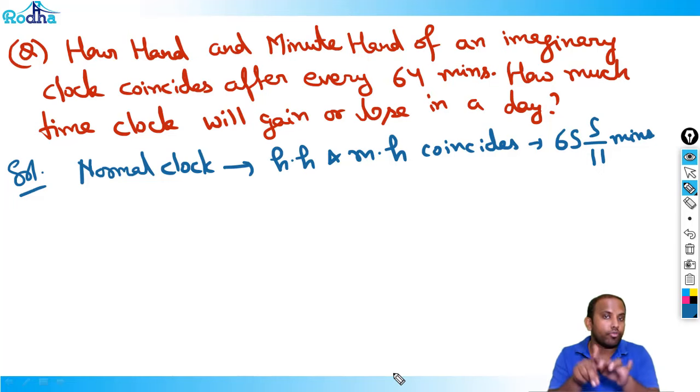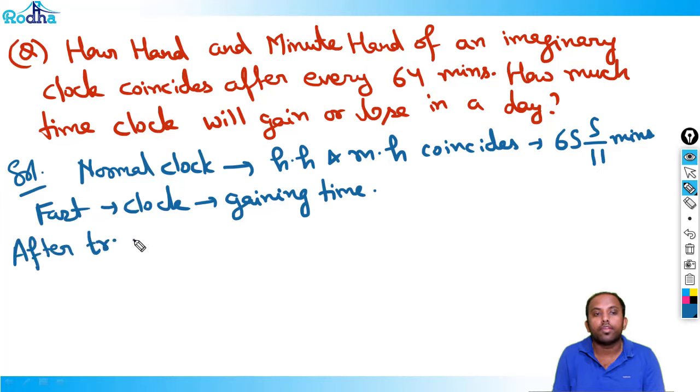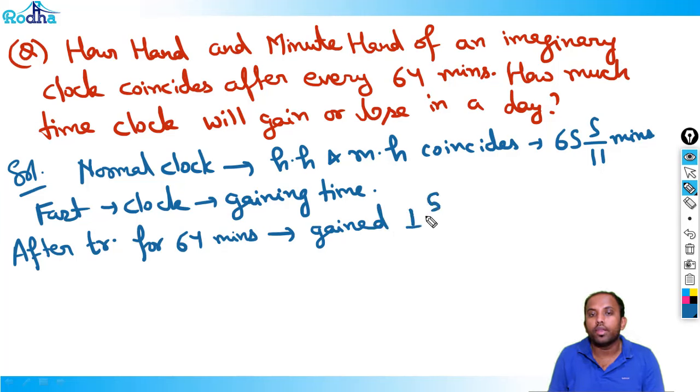The two hands are supposed to meet after traveling for 65 plus minutes, and in this case they're meeting at only 64 minutes. That means the hands are moving fast. If the hands are moving fast, the clock is gaining time, not losing time. So how much time has the clock gained?